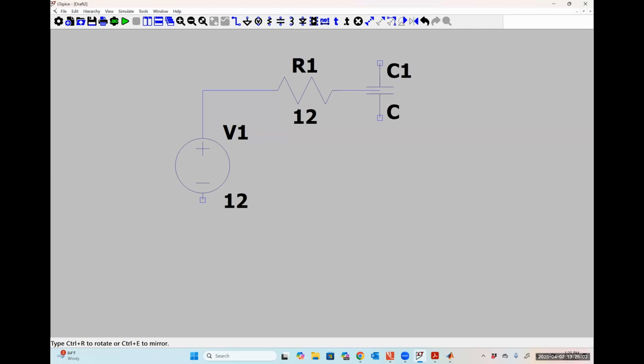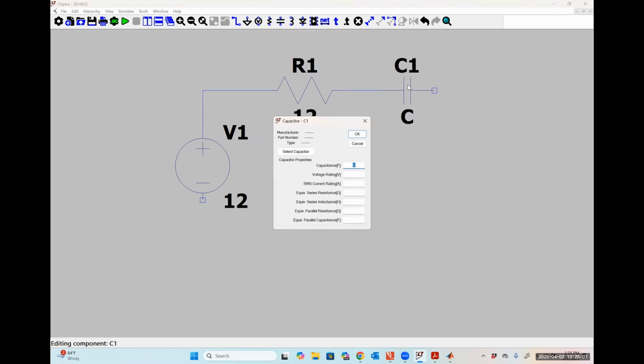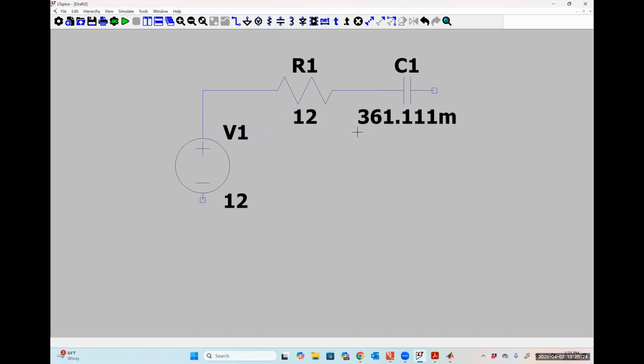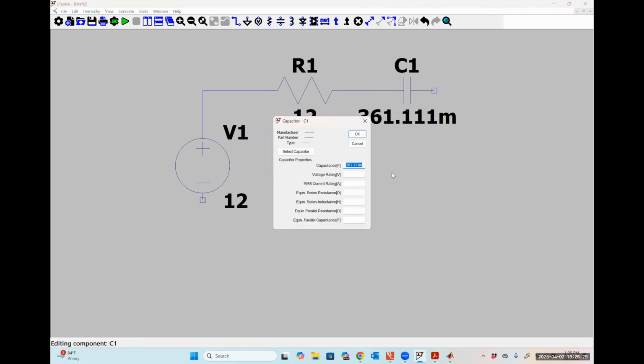My capacitor goes here because it won't let me put fractions in. I have to do, this was 13 over 36, right? So 0.361 repeating. So let's call this 361.111 millifarads. To my knowledge, it won't do it. At least the older version of LTspice wouldn't do it. I can try 13 over 36 and see what happens, but I feel pretty strongly it's not going to like it. We'll see.